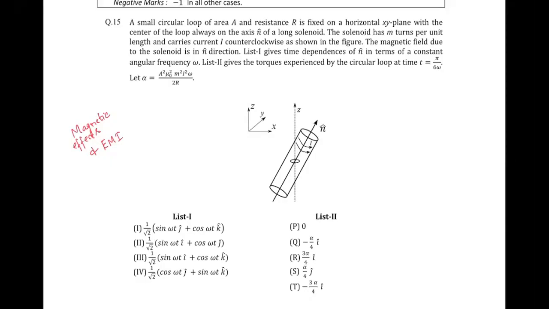Right. So here, this is the first matrix match question, which is the 15th one in the serial order of the paper. This is a question which involves finding torque, magnetic field and all given. So the natural tendency is to think of using torque equal to m vector cross b vector, where m is the magnetic dipole moment.